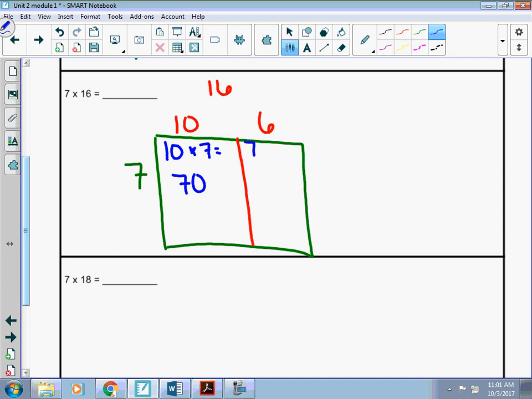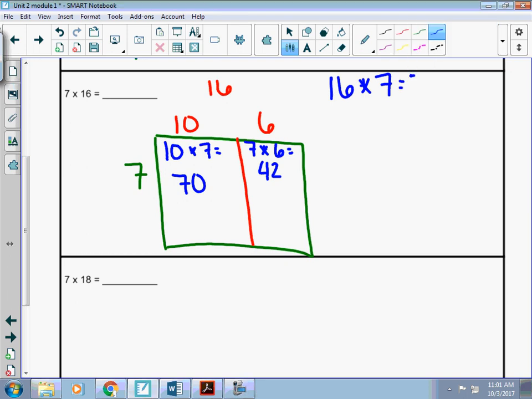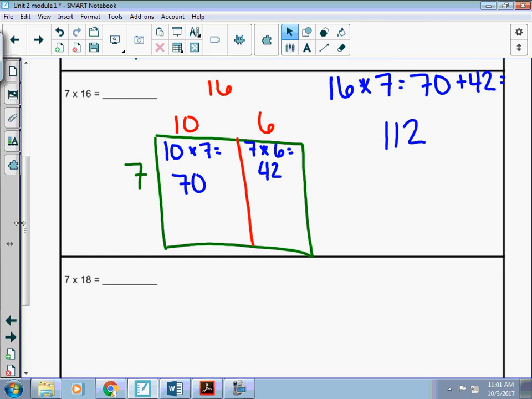And in the second rectangle, I have 7 times 6, which is 42. So to solve 16 times 7, I'm going to do 70 plus 42, which is 112.